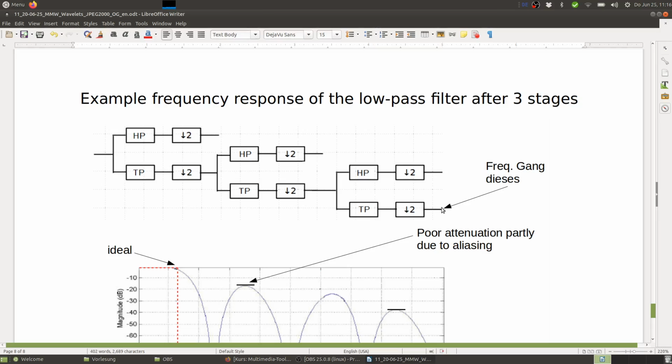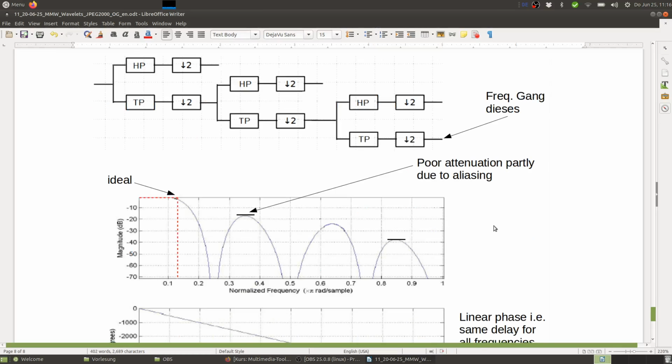Right, so this is the frequency response after 3 stages, and we should get a passband which is 1/8 of Nyquist, which we can see here. So this is ideal, the dashed line. This is the passband, so this is fine. So that looks okay.